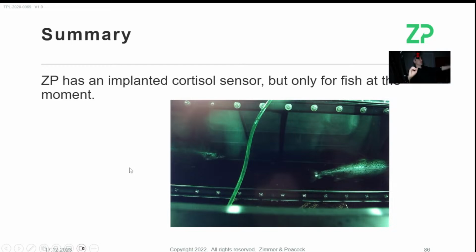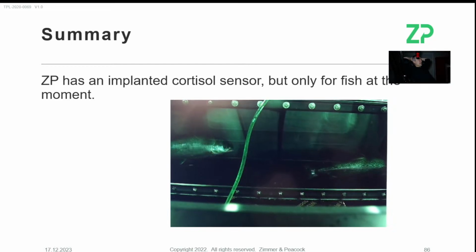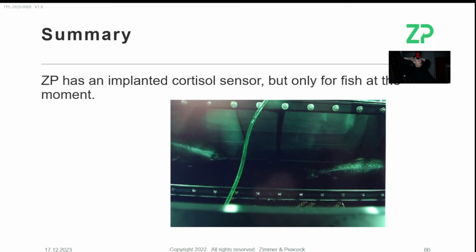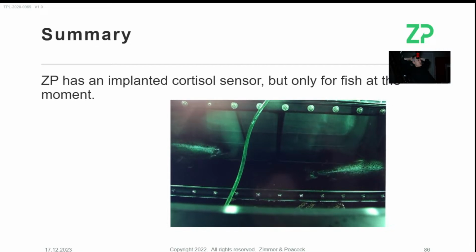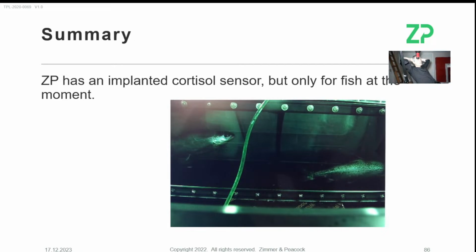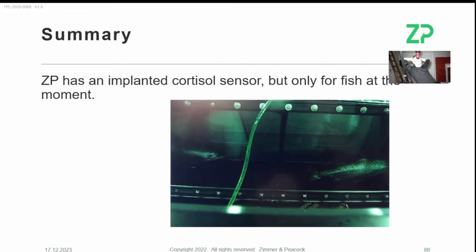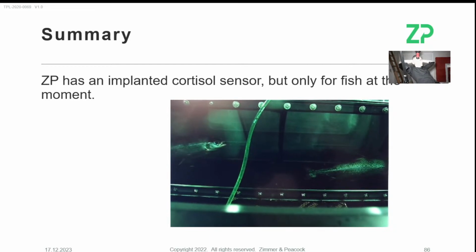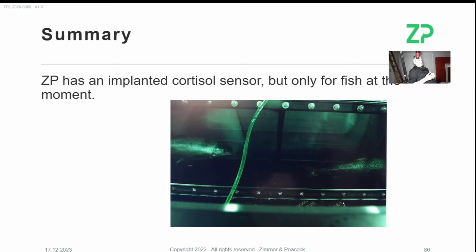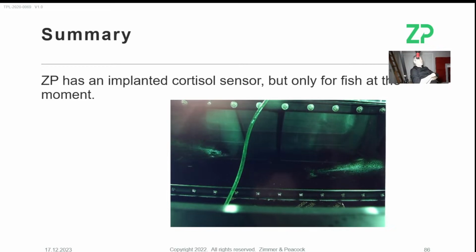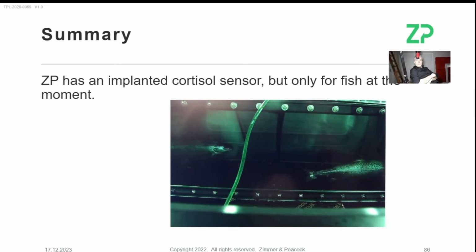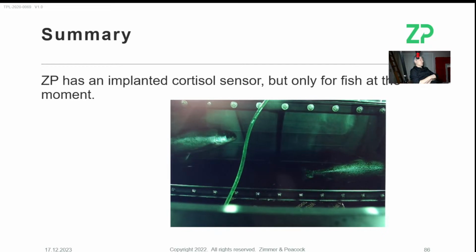But if I was to summarize it, it's this: we're not ready to start doing cortisol in a wearable, either microneedle format or an implanted format. We could only really do it as part of a really well-funded program. And if the funding's not in place, we really can't get involved. Now that can change. If I put a timestamp on this, this is the 17th of December, 2023.